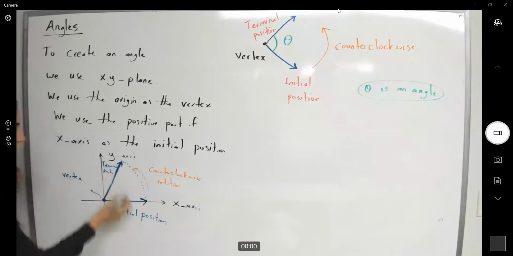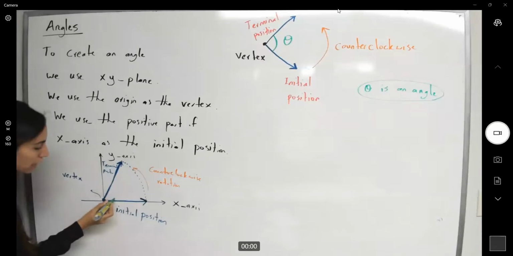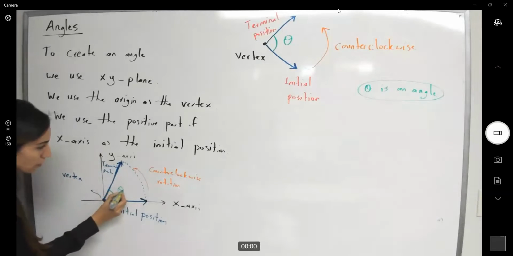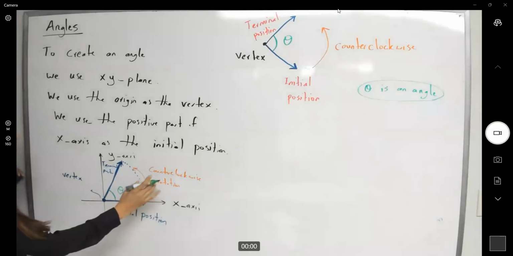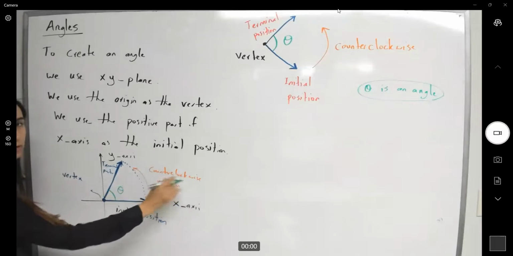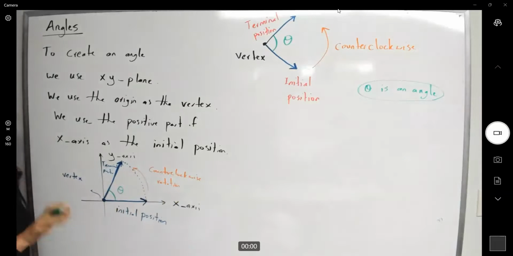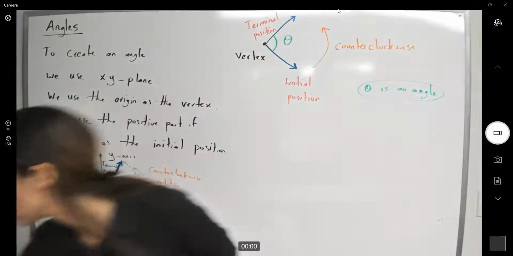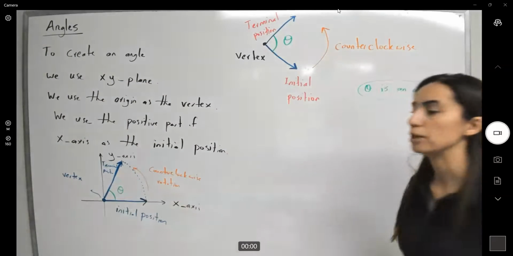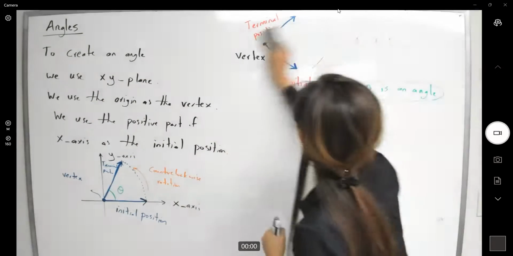So we are creating an angle, theta, alpha, beta, and it is a positive angle. If you use not the counterclockwise, just the clockwise rotation, you're going to get a negative angle. So theta is my angle. Now the question that you should be asking, how do I measure this angle?